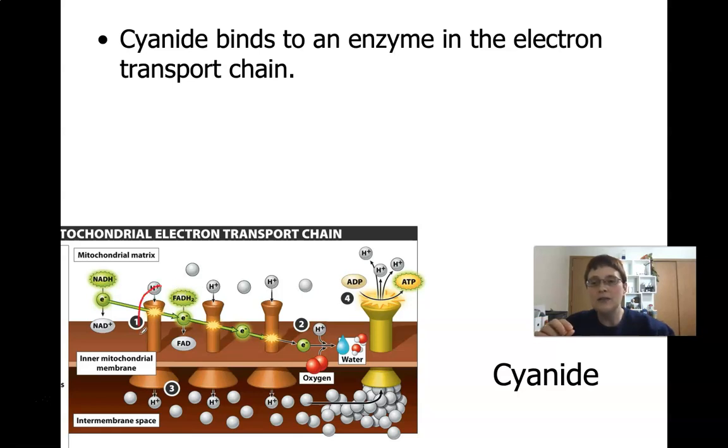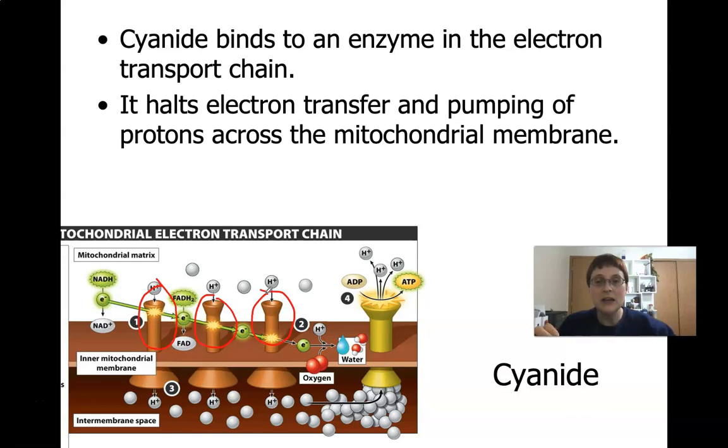So it will bind to one of these proton pumps, and it keeps the electrons from being able to attach. If the electrons can't attach to these, the electrons can't move through the pumps and hydrogen can't move through, right?